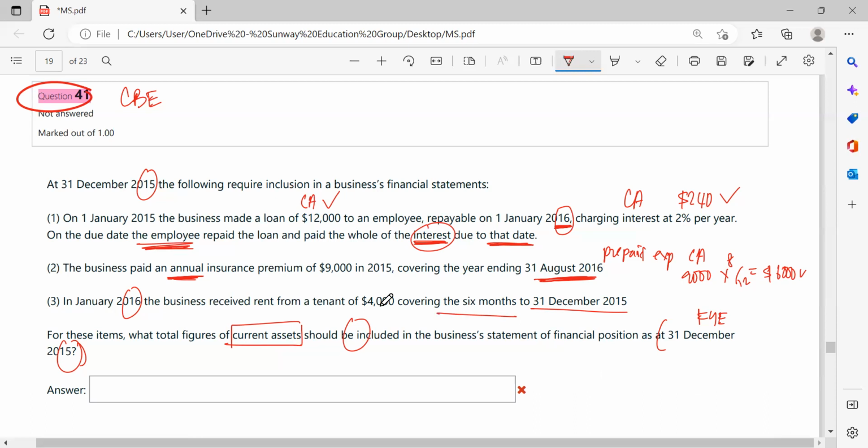In other words, in year 2015, your tenant was still owing you rental. When people owe the business money, it's an asset. So the $4,000 is also current asset. So you have 12,240, 6,000 and 4,000, and therefore your total current asset is 22,240.